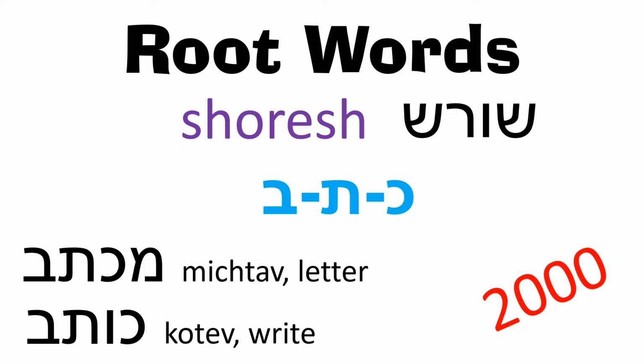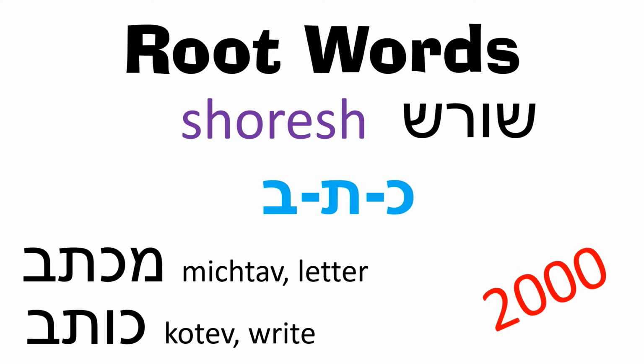And then we add prefixes to the beginning of the word, or suffixes to the end of the word, or we might add another letter here and there to change it from he said to she said, or it said, or they said, but it will still have the same root word. So even if you don't recognize the whole word, you might recognize what the root word is, and so you'll still know what it means. And that's pretty helpful.